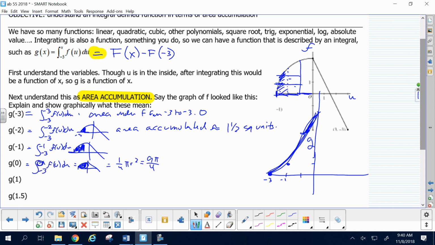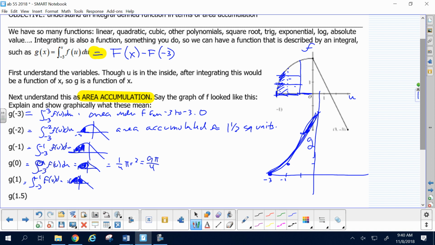If you go G at 1, G at 1 sounds good. G at 1, -3 to 1, excuse me, of F. Now we're starting to accumulate area in the triangle. Is that positive area or negative area? Positive.